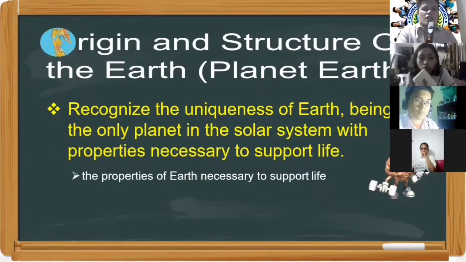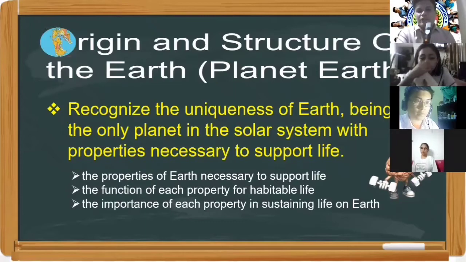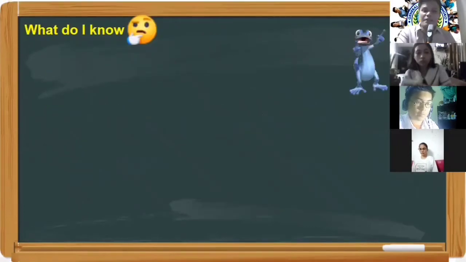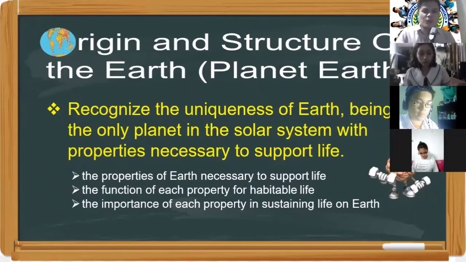Specifically, the properties of Earth necessary to support life, the function of its property for habitable life, the importance of its property in sustaining life on Earth. Mayroon pa ba? So, dyan lang po iikot yung ating discussion for today. Recognizing how unique Earth is.